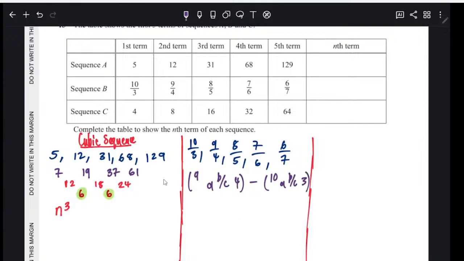What is 9 over 4 minus 10 over 3? What is the answer? Put brackets, don't ever leave those brackets.